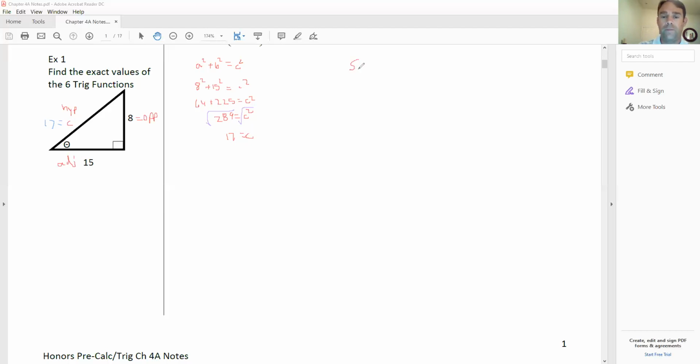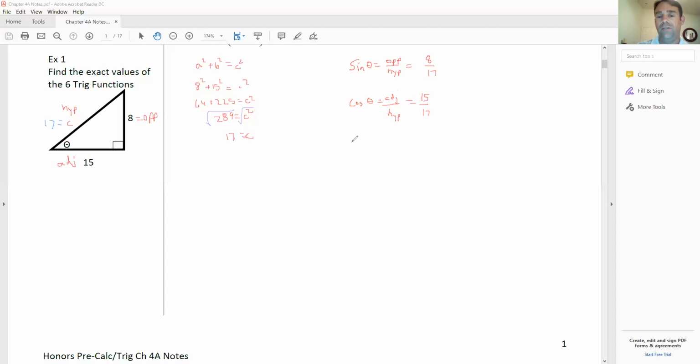Sine of theta, remember, is opposite over hypotenuse. So sine of theta is 8 over 17. Cosine of theta is adjacent over hypotenuse, so that would be 15 over 17.